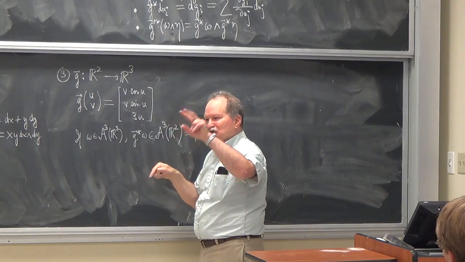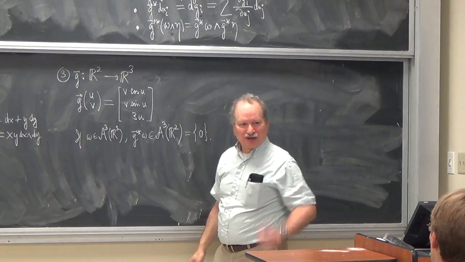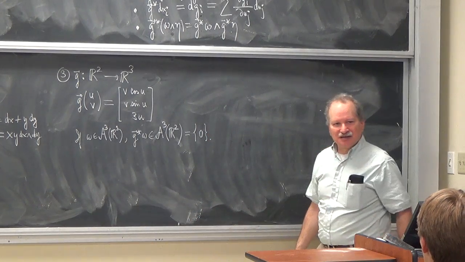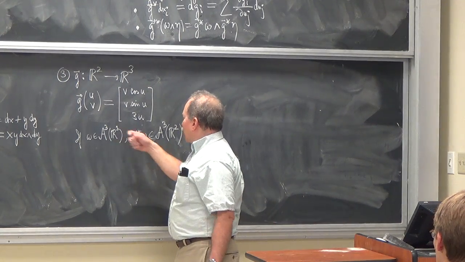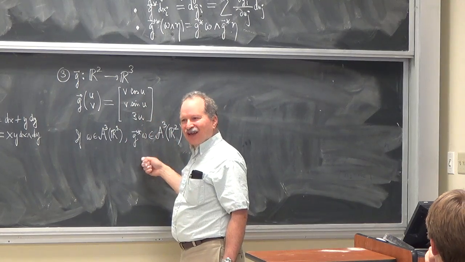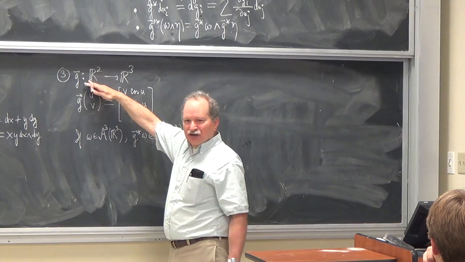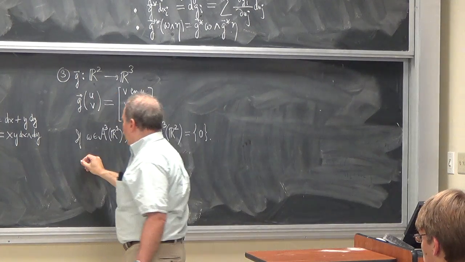But anytime you wedge a d something with itself, it's 0, because you concatenate your indices and you don't repeat it. So if you were given a 3 form, you shouldn't spend an hour computing. You should just stop and think: I would have to have a 3 form on R2, and there aren't any other than 0. All right, let's do something more interesting.